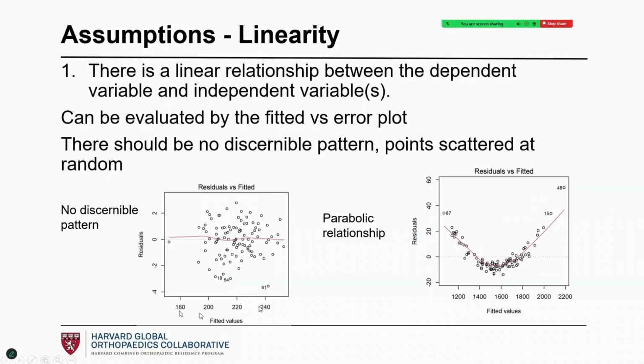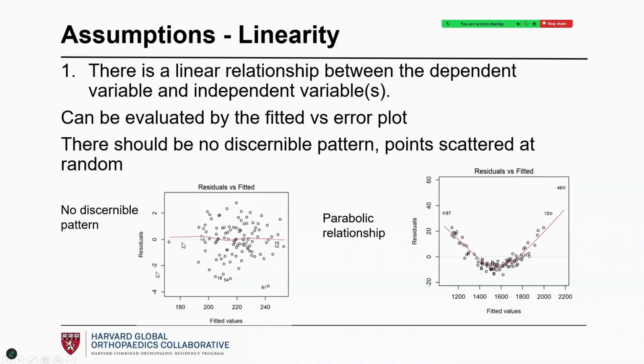And here on the left side, I am showing what that plot would look like. On the x-axis, we have the fitted values, and on the y-axis, we have the residuals. And we are trying to, with this red smoothed line, see what is the relationship between the fitted values and the residuals, and we see that it is more or less flat.